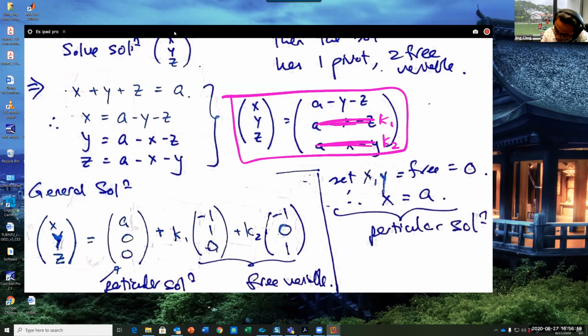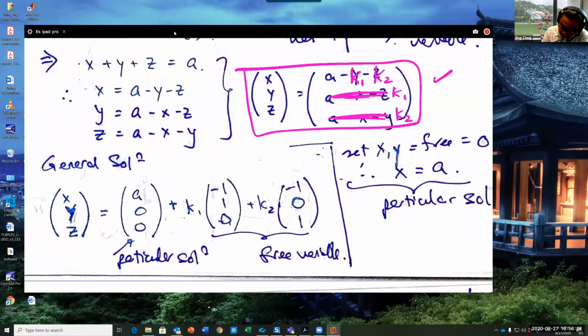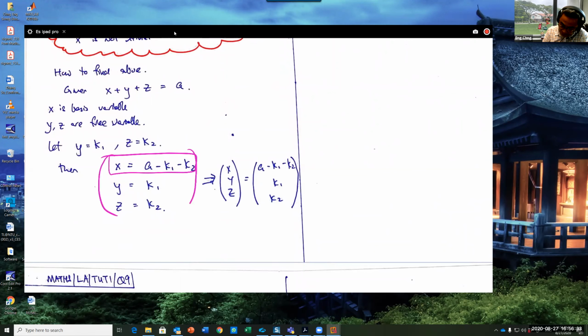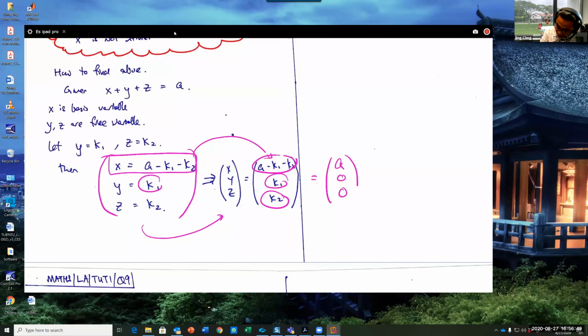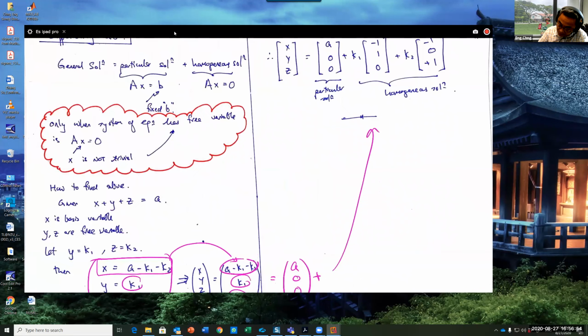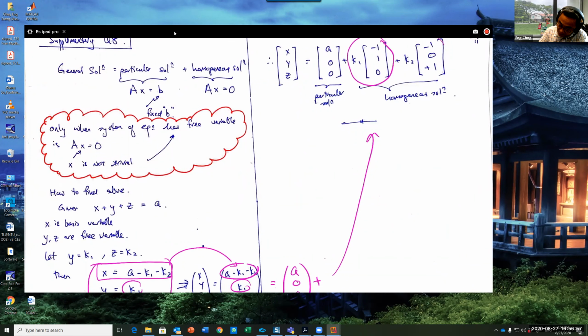We then say that if y is equal to k1, I can write k1 here, z is equal to k2, I can write k2 here. So from this equation, I will proceed to have this equation. With that, I can then reduce it to x, y, z equals, the first row is this one, the second is this one, and the third is this one. With that, I can then reduce to a, 0, 0 plus, and then I'm going to bring up this guy and this guy.